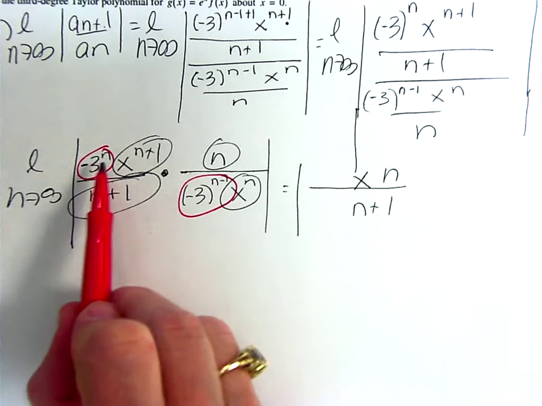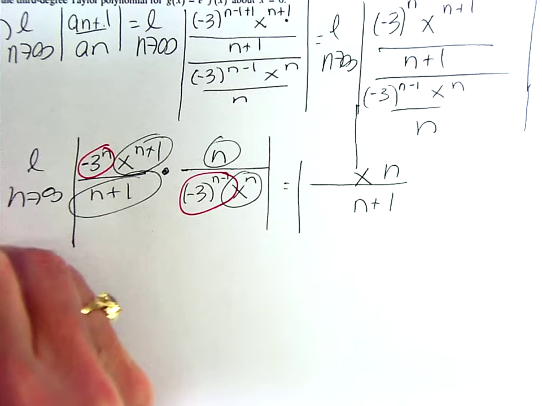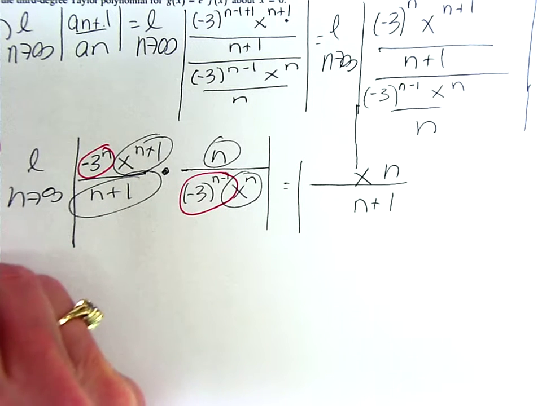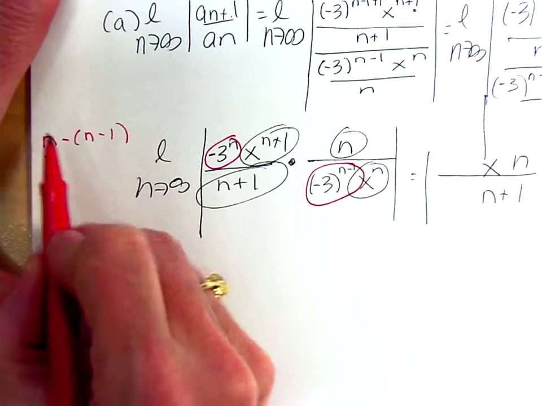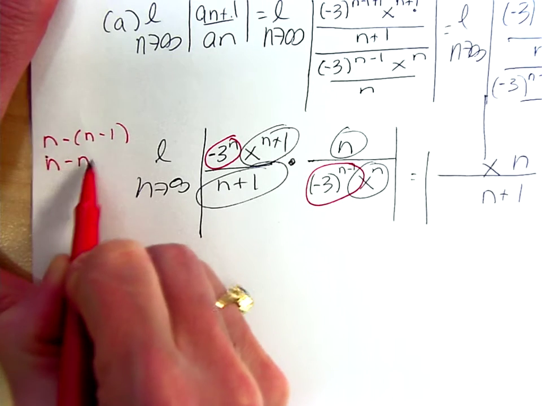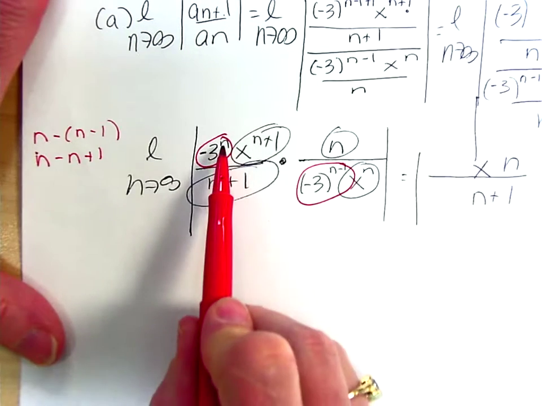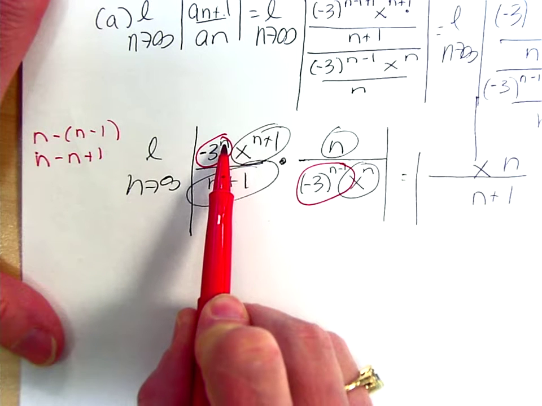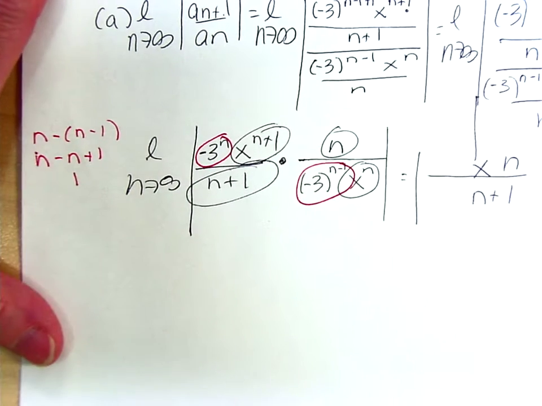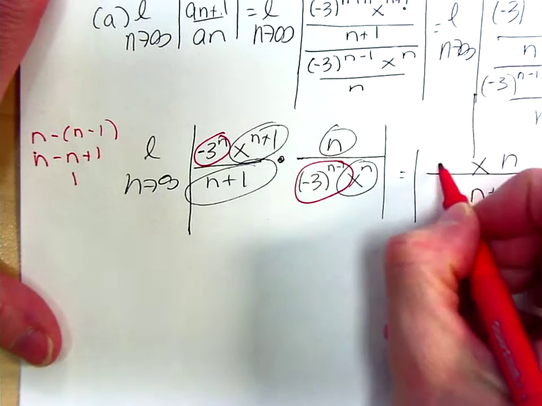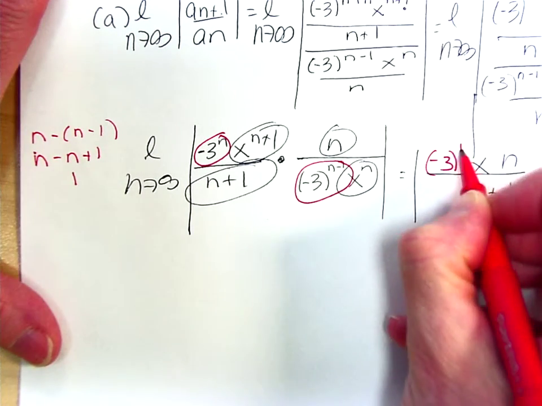So if I take n minus n minus 1, this becomes n minus n plus 1. So if I subtract this exponent from this exponent, I am left with 1. So what I'm left with is minus 3 to the first power.